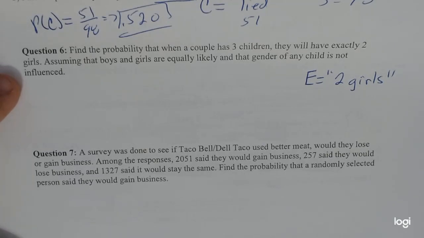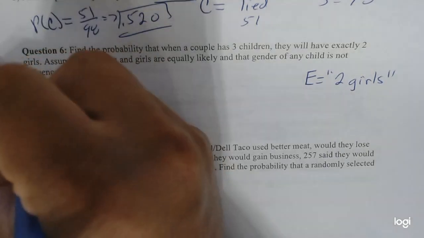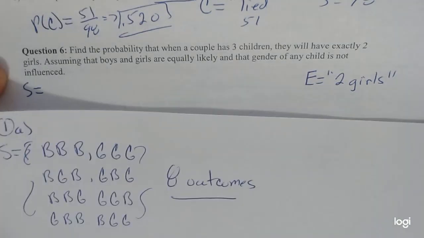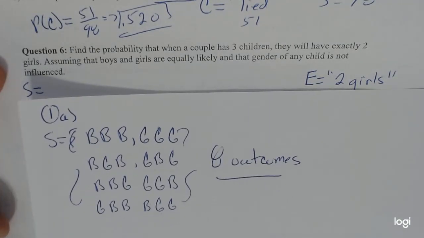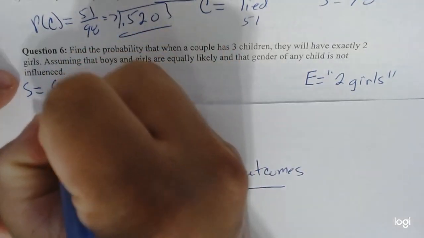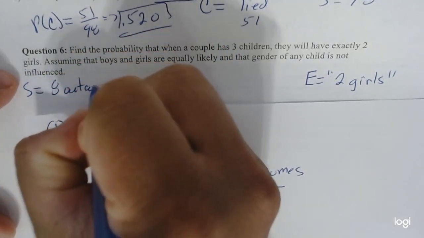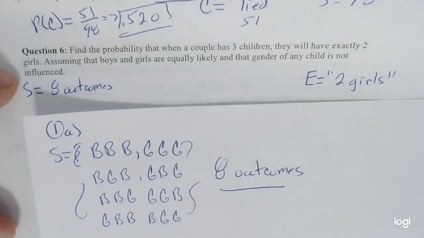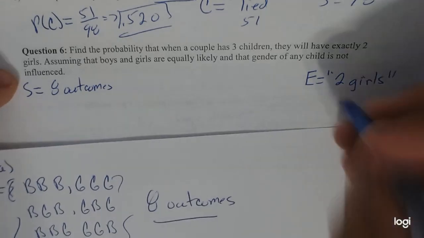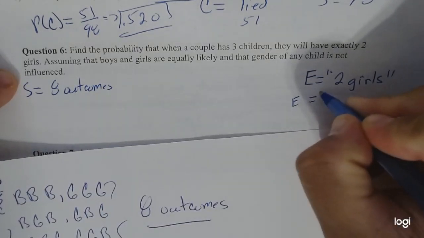Now, believe it or not, we actually already did this earlier. We already wrote down our sample space, and that's over here, question A. So we wrote down all the possible outcomes, a total of 8 outcomes. Now, how many outcomes are there with 2 girls? I'm just going to list them out to make sure.